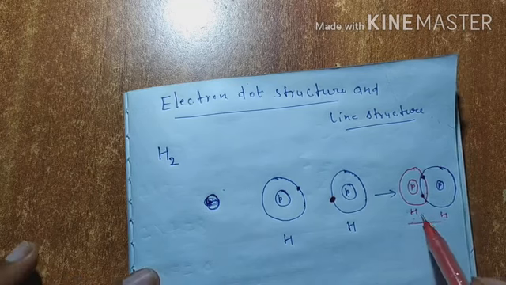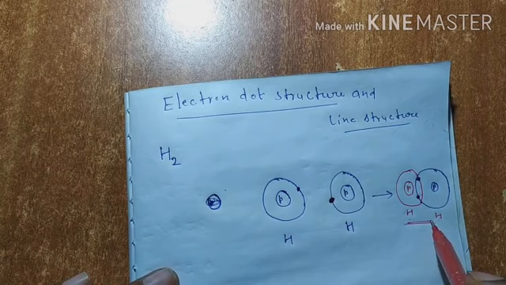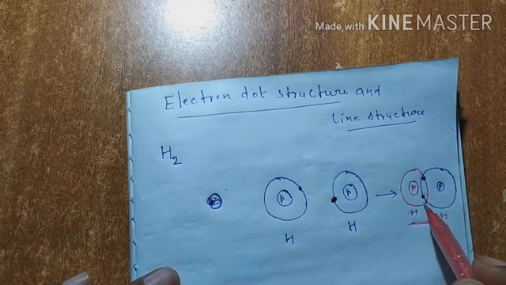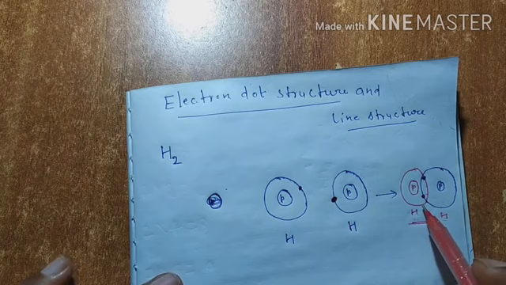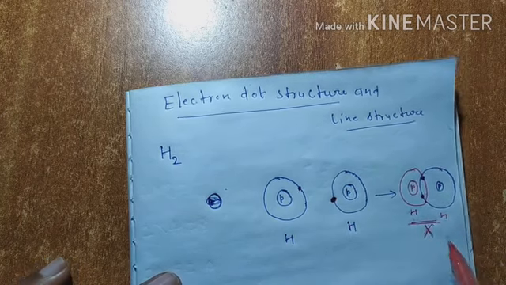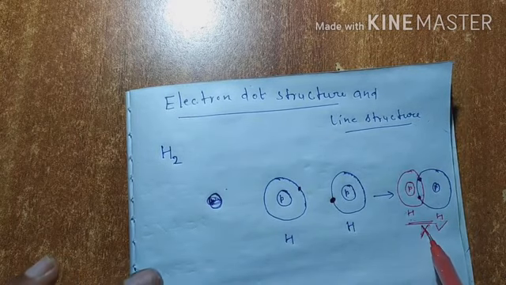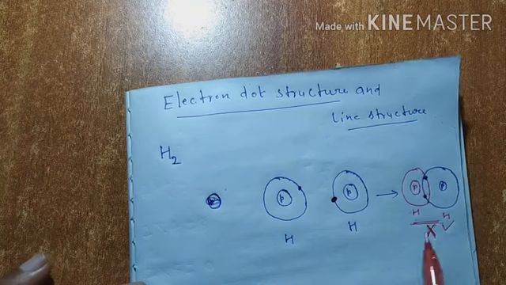So actually this is an electron dot structure, but there are some more methods to draw it. We don't prefer this one. This is also correct, but we don't prefer it. In the exam, if an electron dot structure comes, then you should draw it like this.